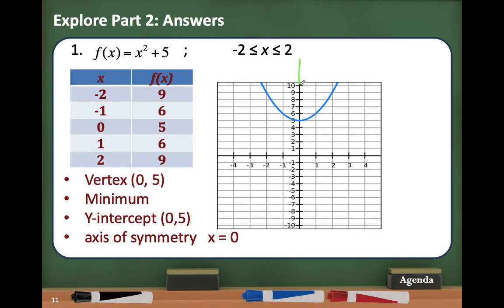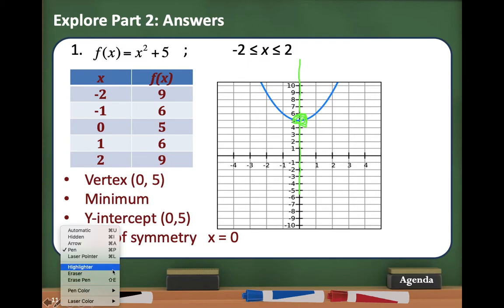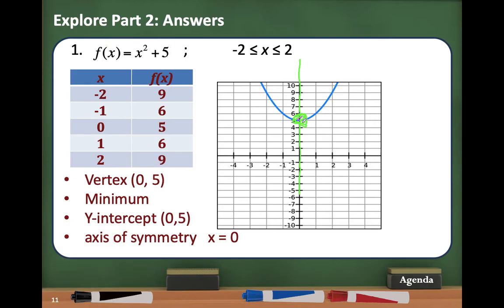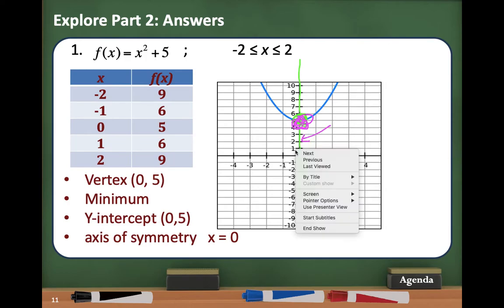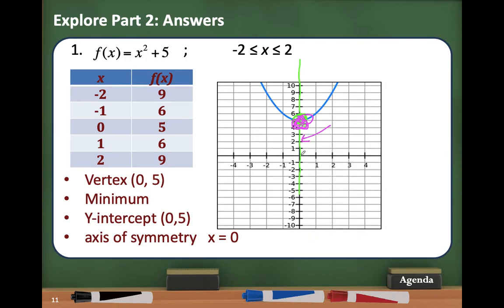Here's our axis of symmetry right there, because it goes through the vertex right there. I don't know if green made the most sense. Hold on, let me. Much better. Okay, so our axis of symmetry goes through the x coordinate of 0. So there it is.